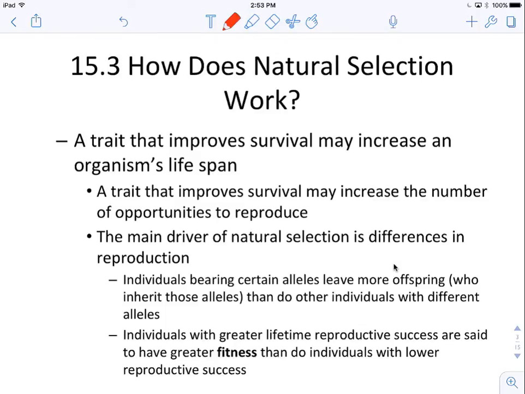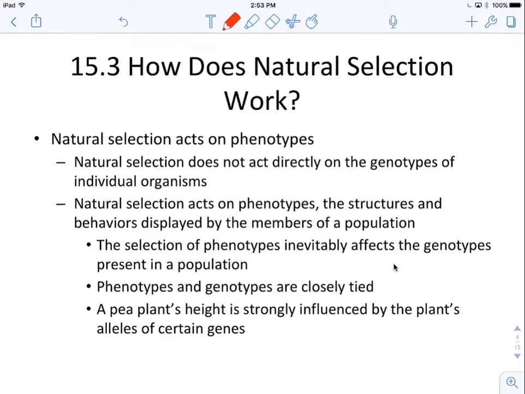Any trait that improves survival increases the number of opportunities to reproduce. The main thing that drives natural selection and descent with modification is differences in reproductive success. Individuals with certain alleles leave more offspring who also inherit those alleles than do other alleles with different offspring. Individuals with greater lifetime reproductive success have greater evolutionary fitness.